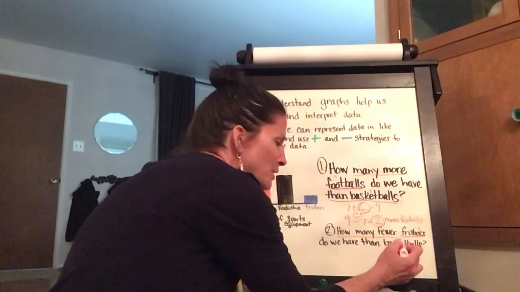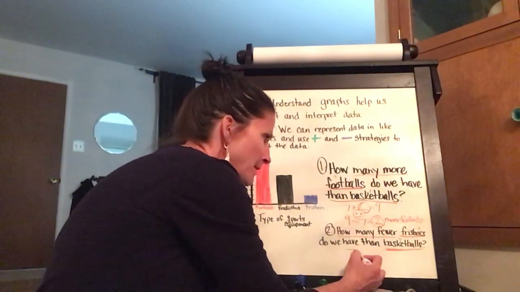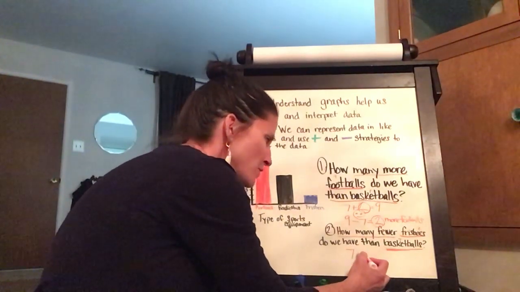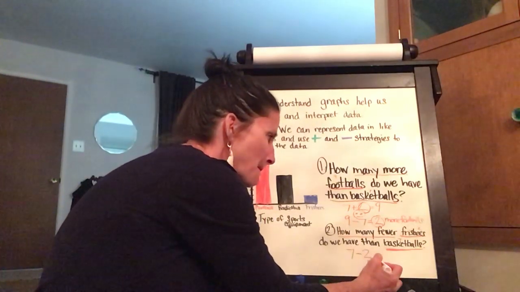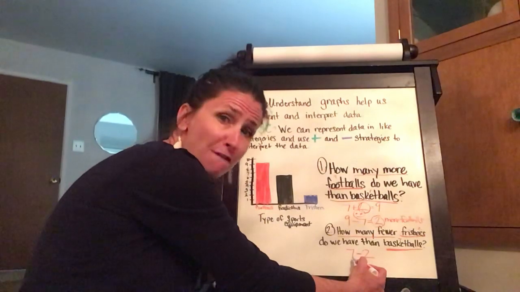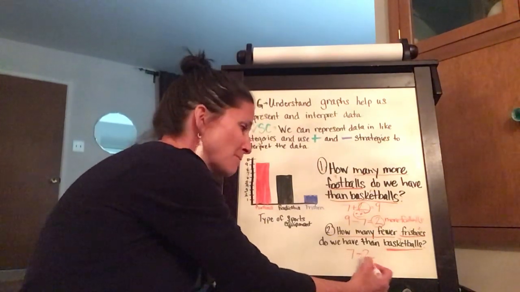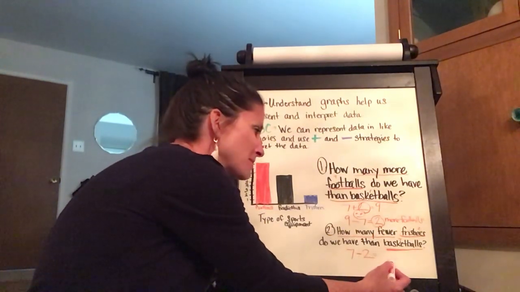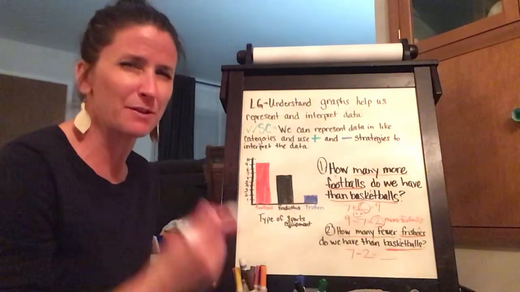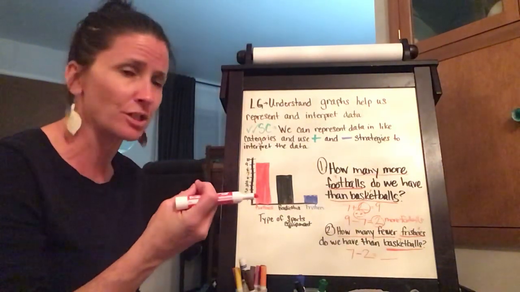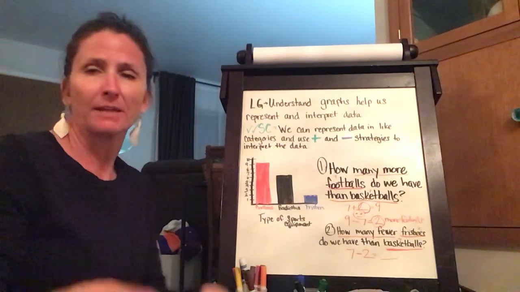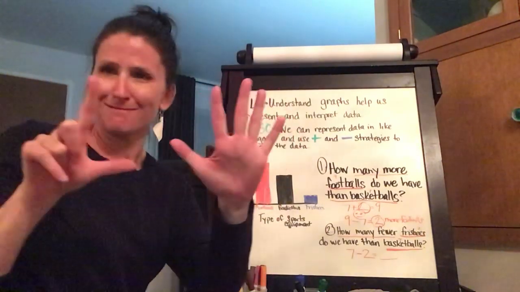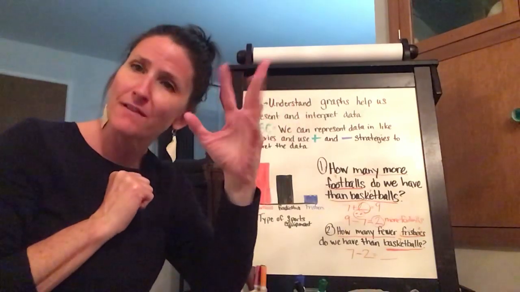So fewer frisbees than basketballs. So that's my bigger number, and I want to know how many fewer. If I take away my number of frisbees from my number of basketballs, that will tell me the difference. Remember when there's that difference, it's subtraction, right? So 7 take away 2. If I had 7 and I took away 2, I have 5 left.